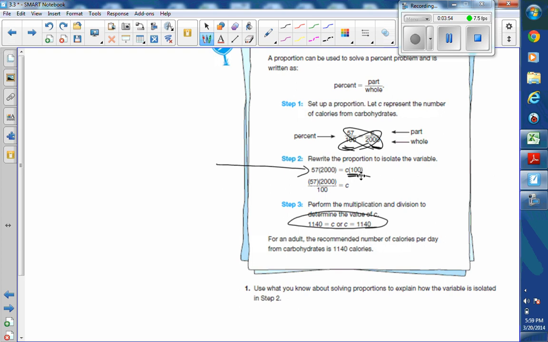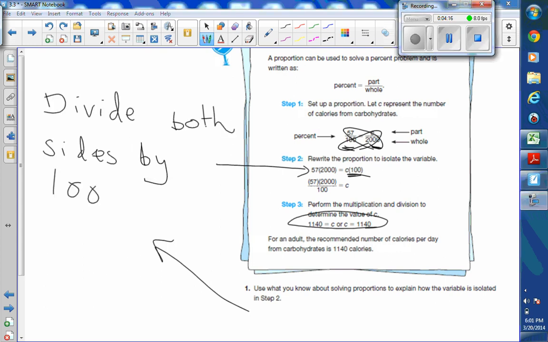So in order to isolate C, we divide both sides by 100. I'm going to write number 1 up here because I don't have great handwriting down there. So we would divide both sides by 100. That's what we would do to isolate that variable.